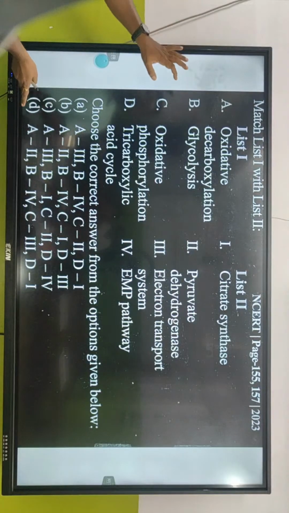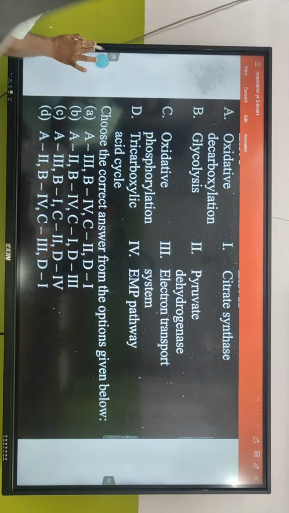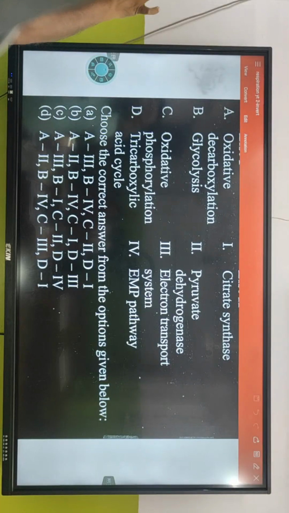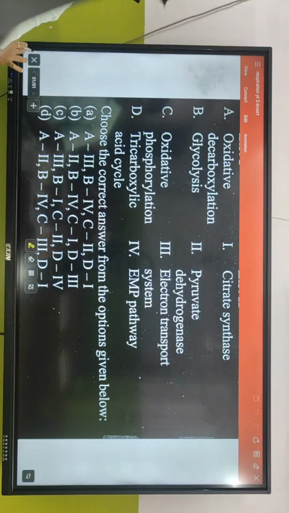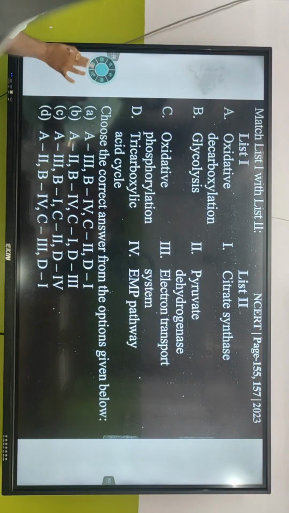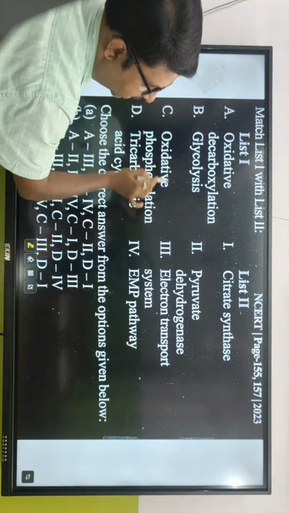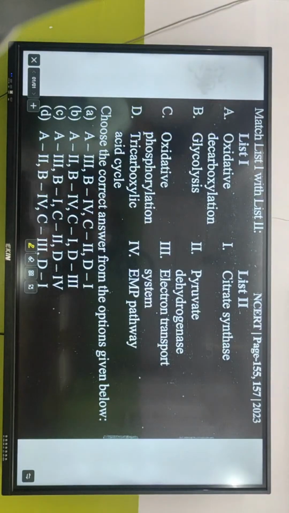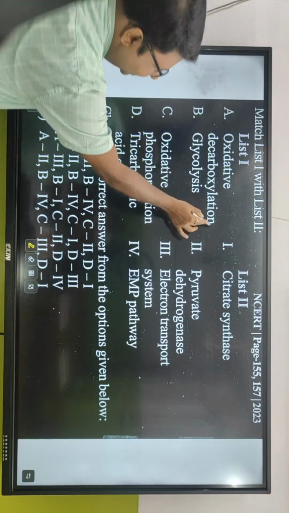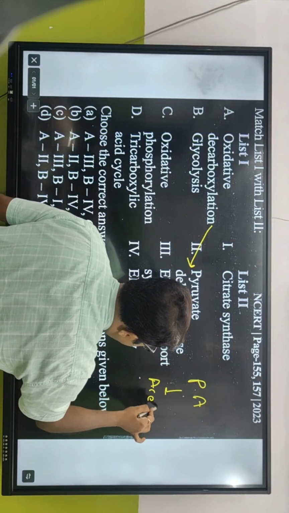Do you remember oxidative decarboxylation? Are you getting the term? Oxidative decarboxylation means pyruvate dehydrogenase converts pyruvic acid to acetyl CoA.